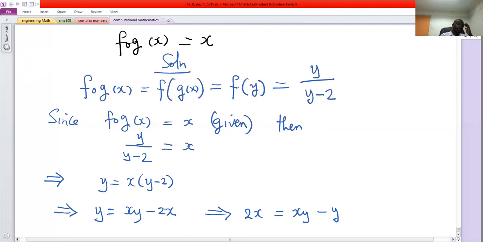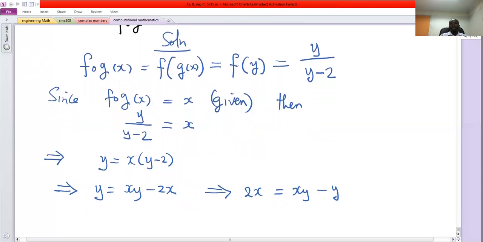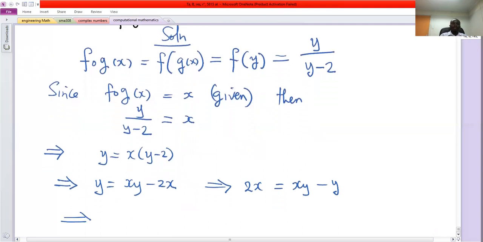I have simply taken minus 2x to the left-hand side and taken this one to the right-hand side. This is the same thing as saying, when you factorize, we'll have y into x minus 1 equals 2x.